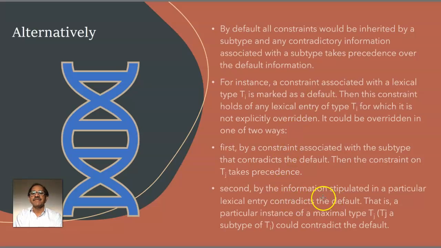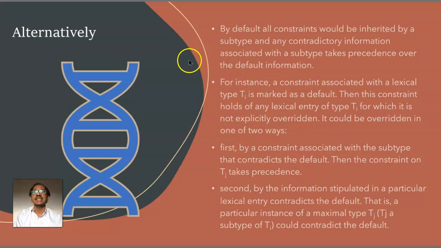Secondly, if the information stipulated on a particular lexical entry contradicts the default, not the constraint but the information on the lexical entry, then also the default constraint may be overridden. That is, a particular instance of a maximal type tj, where tj is a subtype of ti, could contradict the default. This is the model now.